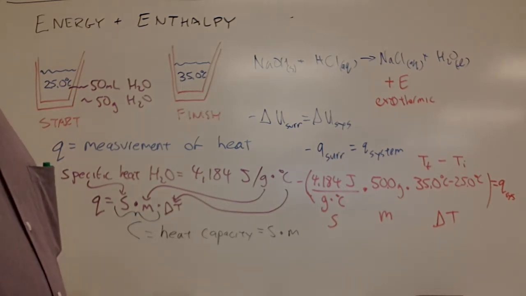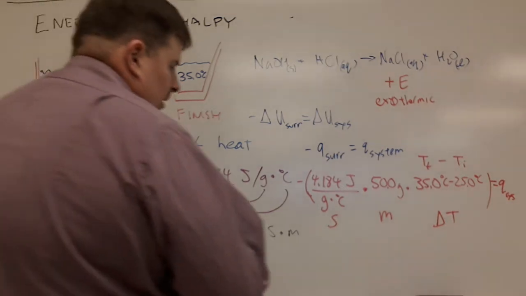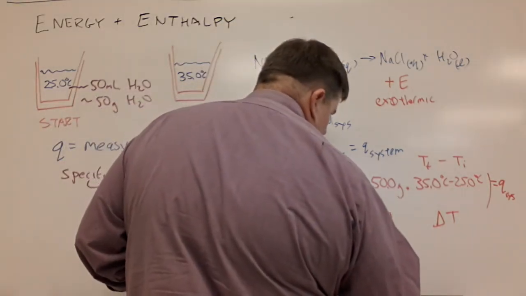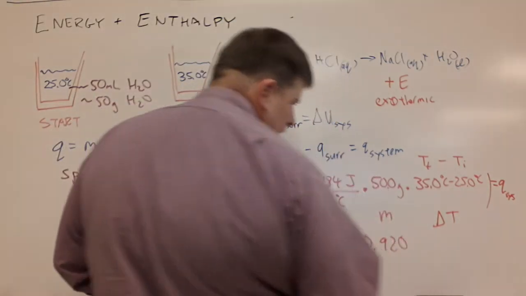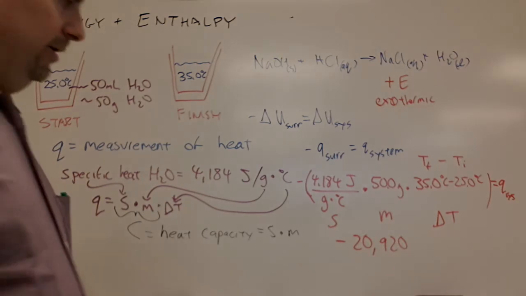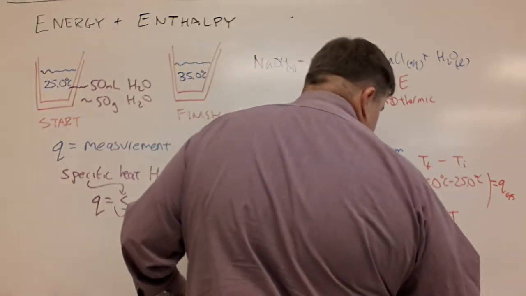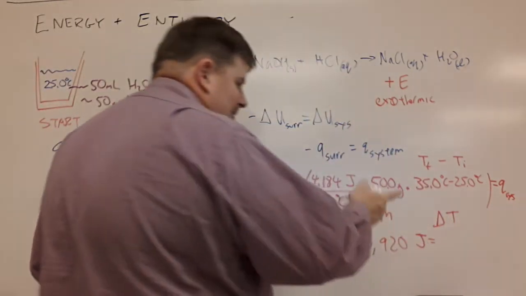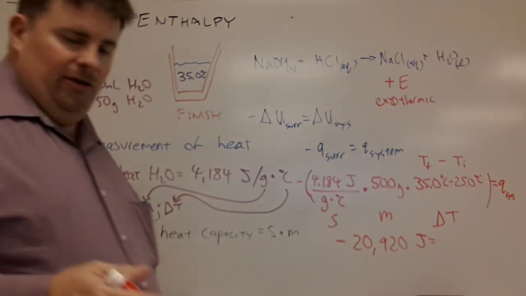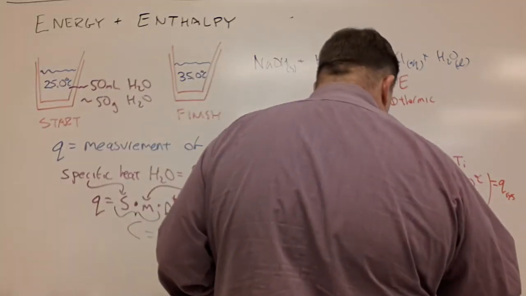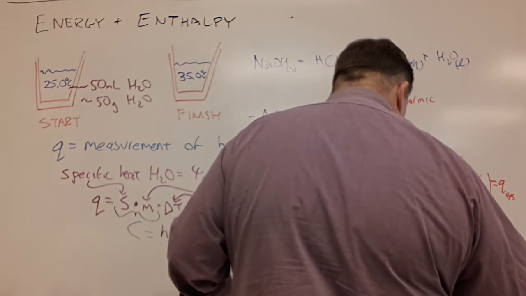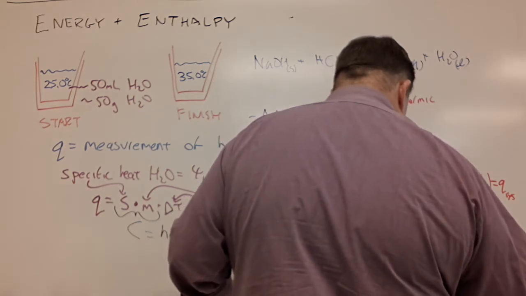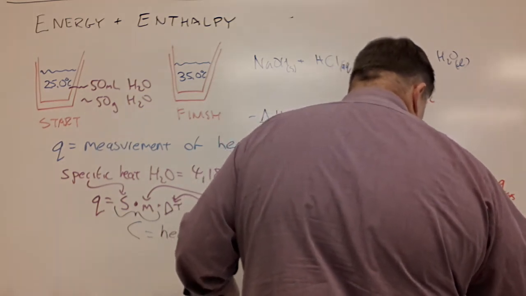And if we look at the Q of the system, that turns out to be negative 20920. So 20,920 joules in the system. But to account for sig figs, because we've only got 3 sig figs, I'm going to use a different term. And I'm going to represent this as minus 20.9 kilojoules.